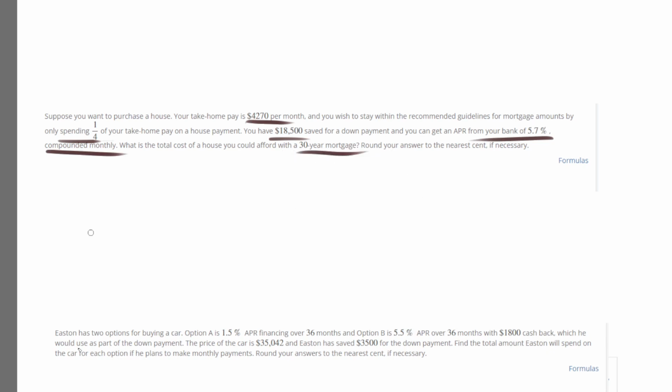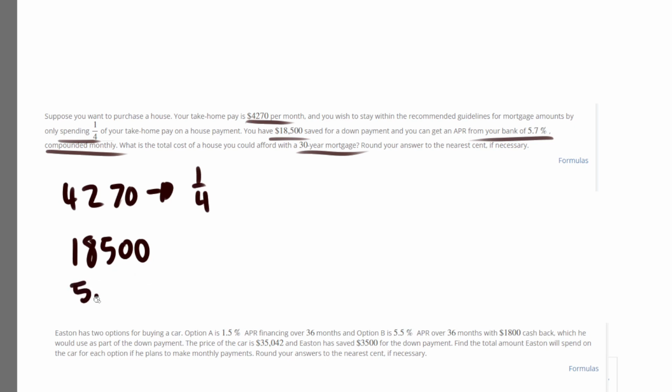So let's take out what we have. Our take-home pay is $4,270. We only want to spend 1/4 of that, so I would multiply that by 0.25, and we will do that in a moment. We also have our $18,500 for our down payment, and we can get an APR of 5.7%.